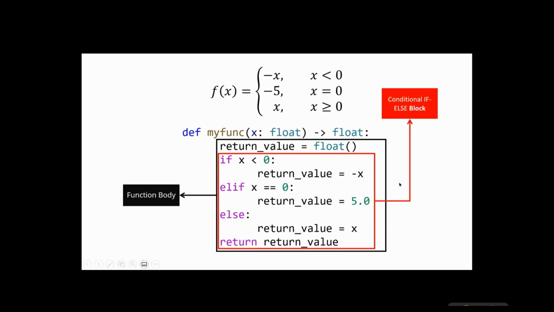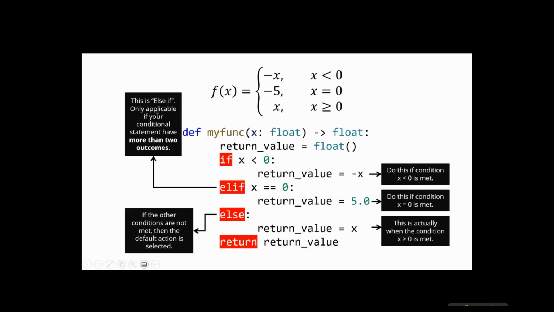And then next, we have the keywords. These are the keywords: if, elif, else, and then return. It goes like this. It begins with if, and then elif, and then else. So elif here is optional.